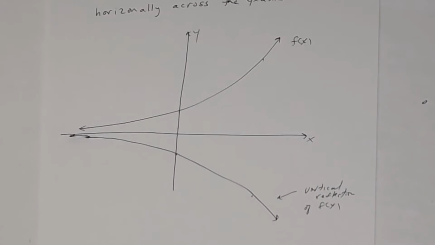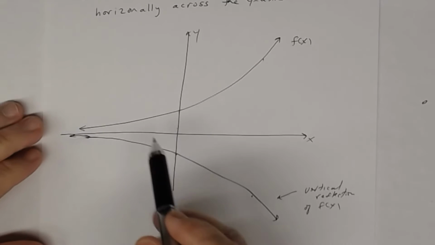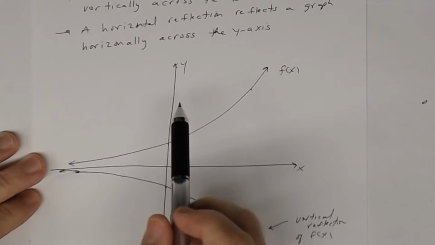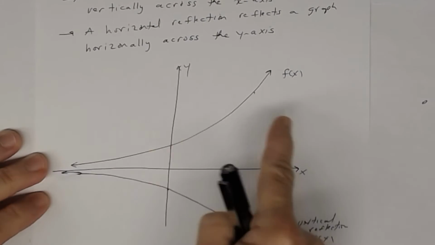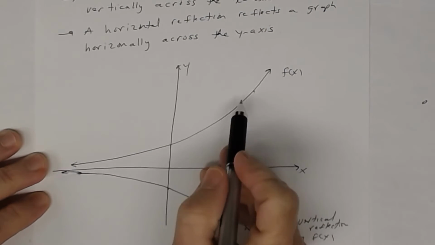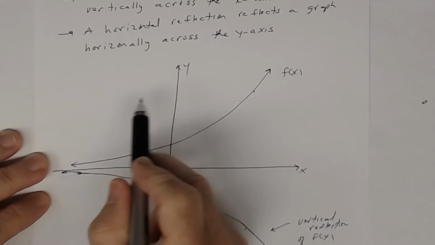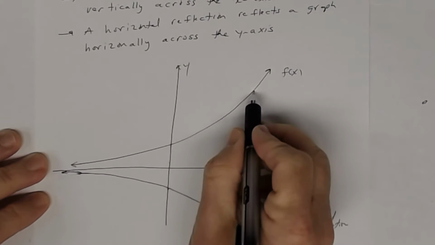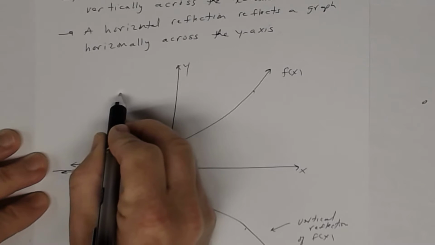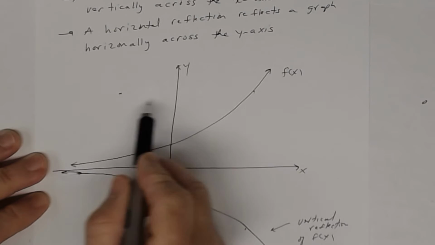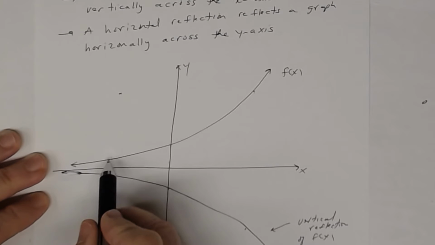Now, let's talk about the horizontal reflection. When I take f of x and do a horizontal reflection, horizontal meaning going left-right, that's going to be a reflection about the y-axis. So let's think about this point here, the same distance here. I didn't draw that very well, but it should be a little bit further this way. And let's say this point here.